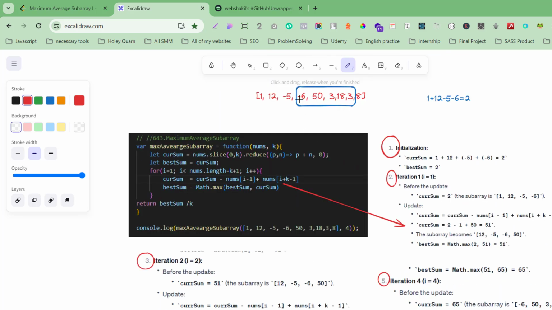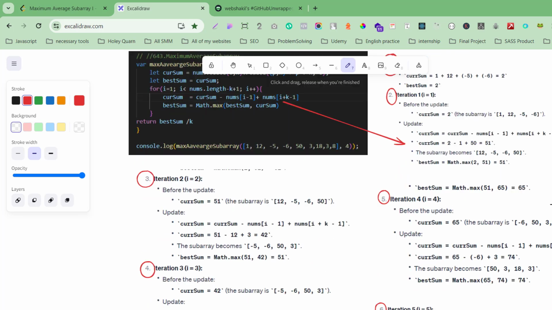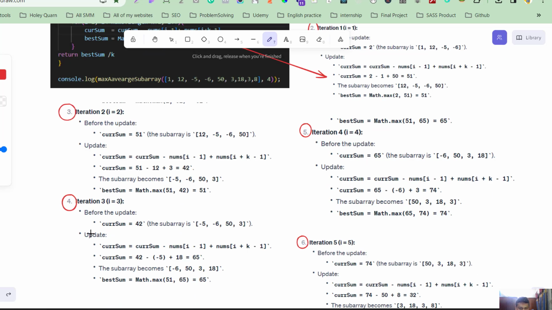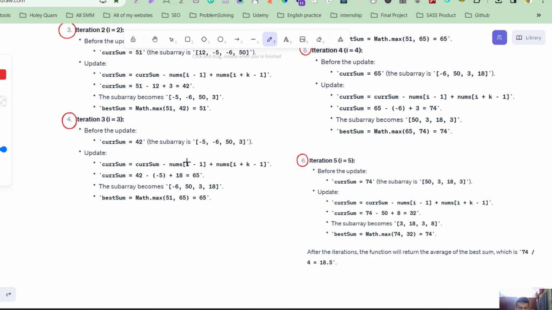The next iteration will be like that, and here you will deduct, I equal to 3. Fourth iteration, here I will be 3, so you should do 3 minus 1. The current sum will be 42. So 42 minus nums[i - 1], which is 3 minus 1, 2.